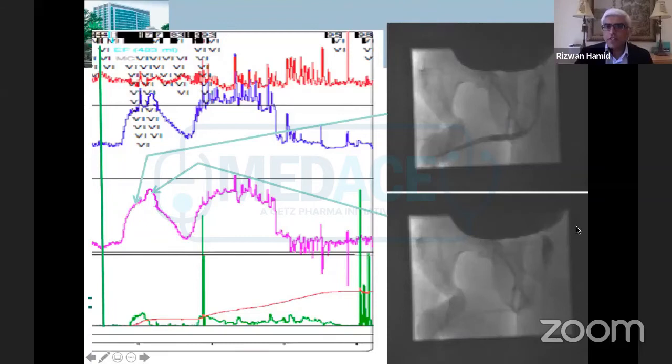Now you can see that in this area, when the bladder neck closes, the patient is passing urine, you ask them to stop passing urine. As soon as they stop passing urine, there is a trapping of the contrast between the bladder neck and the prostatic urethra. This is a classical sign of bladder neck obstruction, Whiteside trapping.